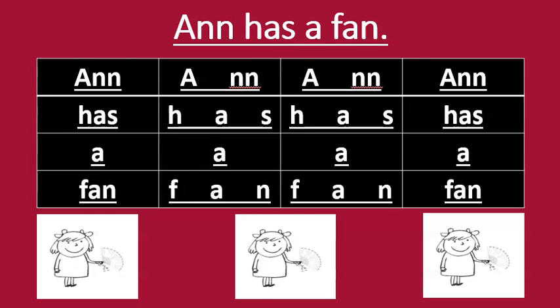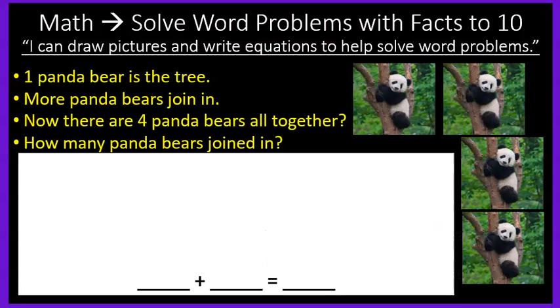Same thing with your math. That's where your reading comes into play. So write down these 4 sentences that are in yellow. Read them. And I want you to figure out what numbers go here. Okay?